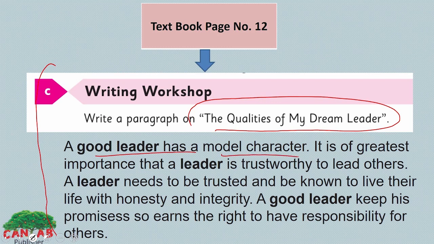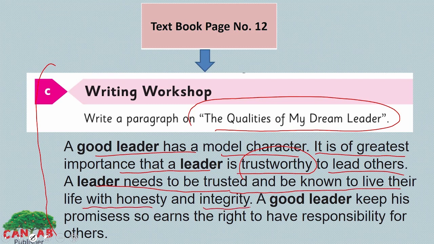A model is an example for everyone, which everyone needs to follow. It is of greatest importance that a leader is trustworthy to lead others. A leader needs to be trusted and known to live their life with honesty and integrity. A good leader keeps his promises, so he earns the right to have responsibility for others.